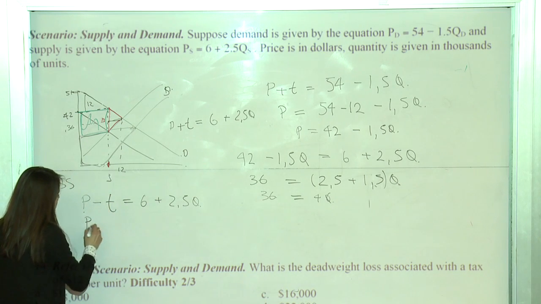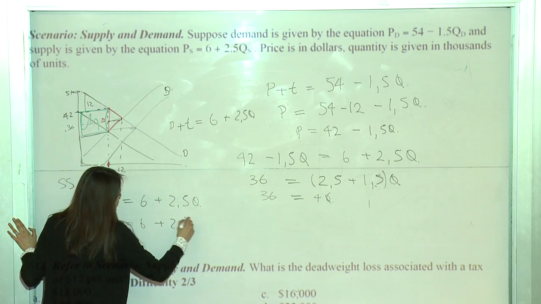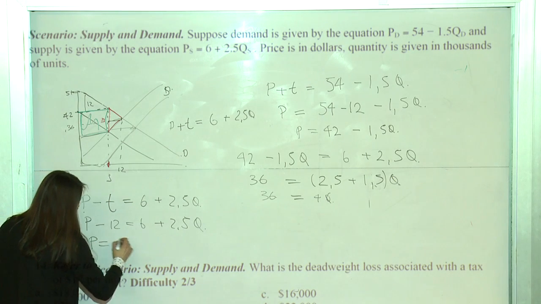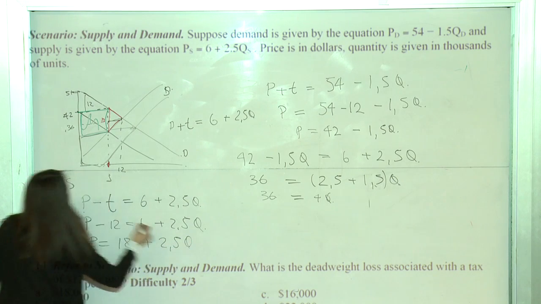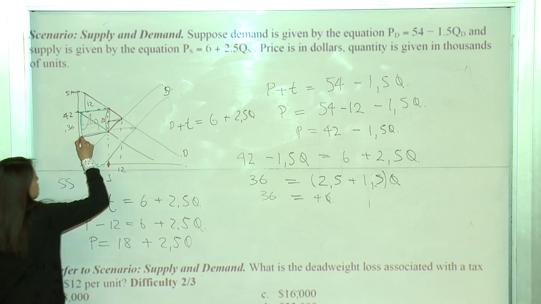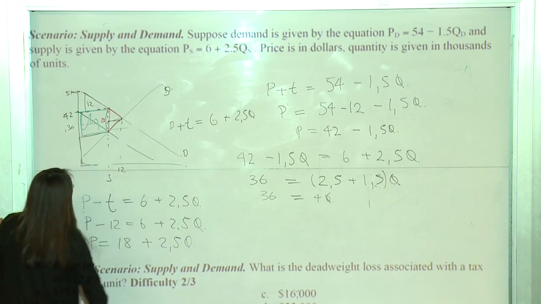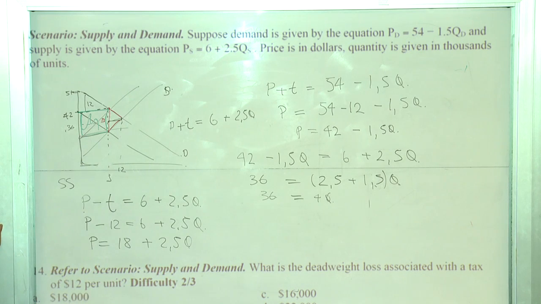So in this case it will be price minus 12 equals 6 plus 2.5 Q, price equals 18 plus 2.5 Q. So the supply function shifts up like this, okay? Is that clear?